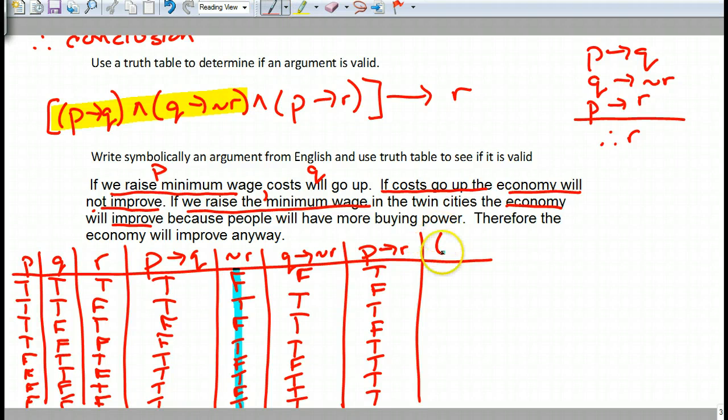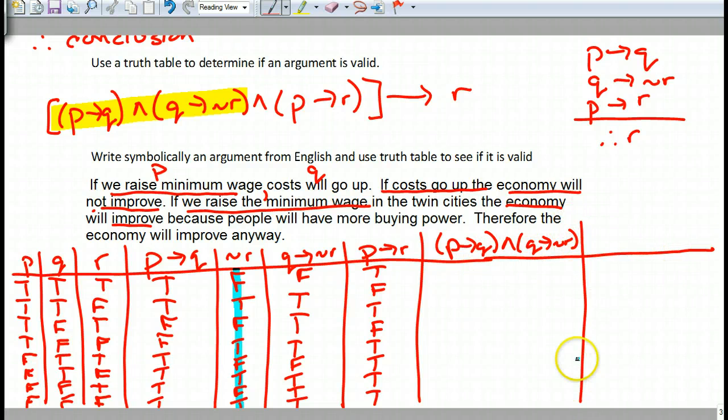So it's going to be P then Q, and Q then not R. Exactly what Joey said. False, true, false, false, false. Okay, so we're looking at this one right here, and this one right here, and we need two trues to make it a true, right? False, true, false, false, false.